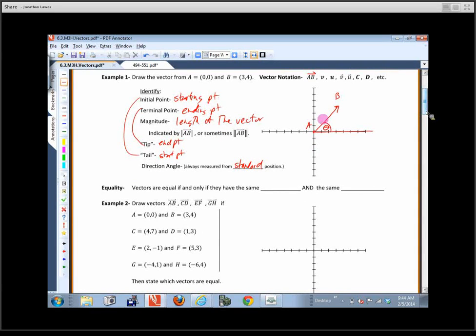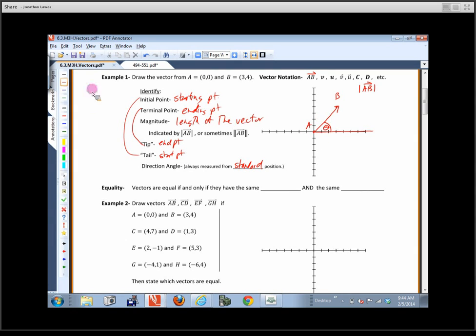Okay. So let's do something really quickly. Let's figure out what the magnitude is. If I wanted to figure out the magnitude of vector AB, I want to know how long this is. We could use the distance formula, because we've got the ending point and the starting point.